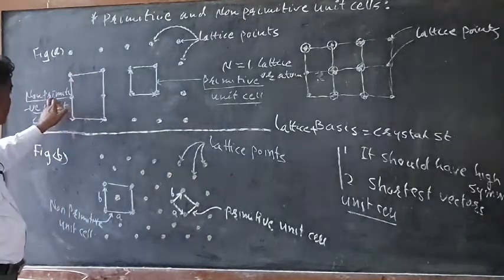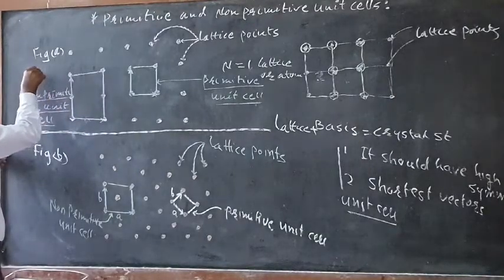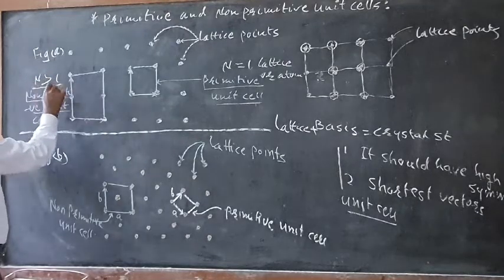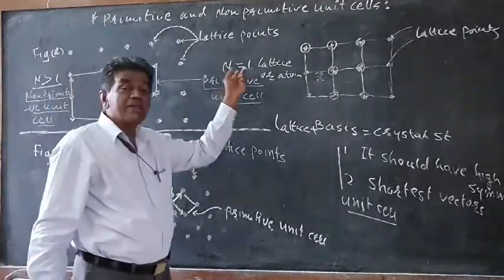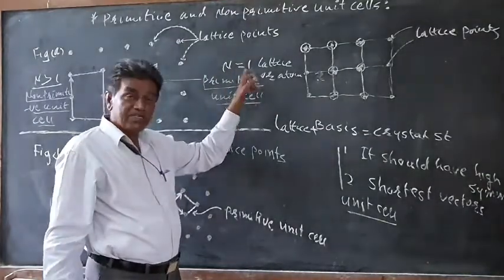For the non-primitive unit cell, the number of atoms per unit cell is always greater than 1. So remember that in the case of the primitive unit cell, the contribution of all the corner atoms per unit cell must be 1.